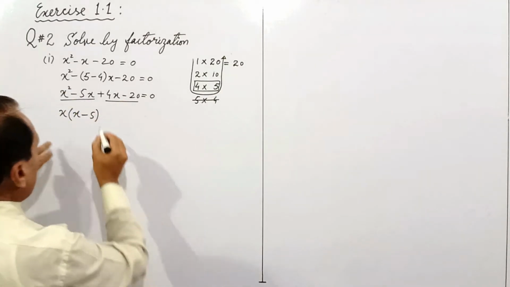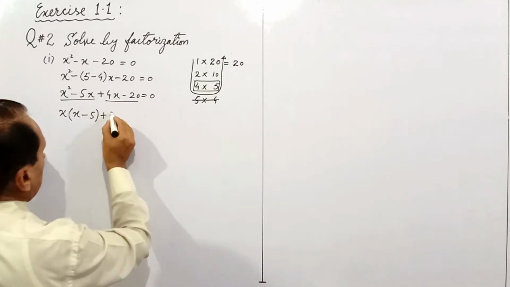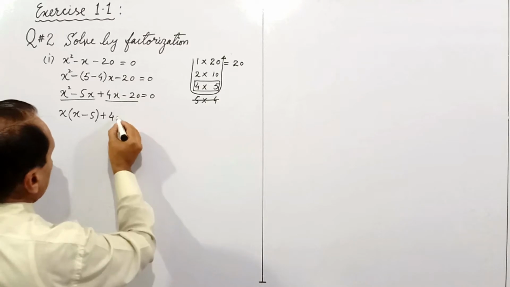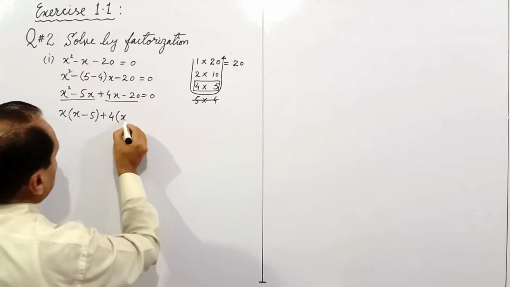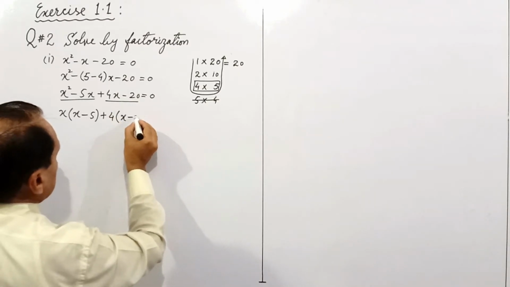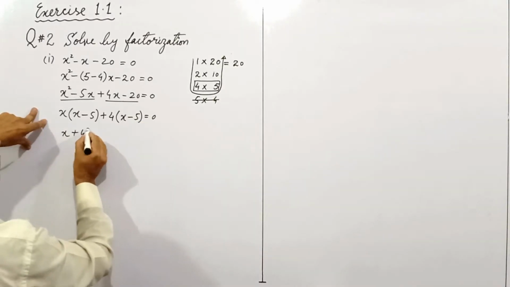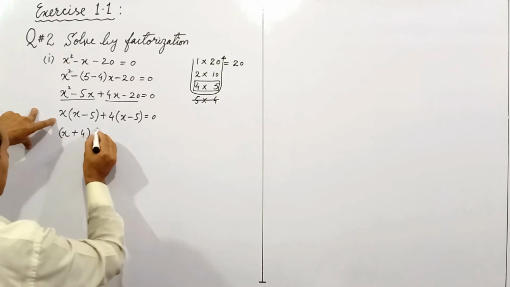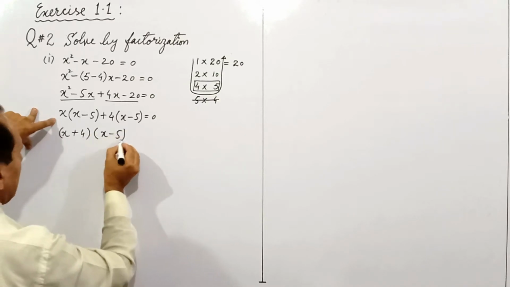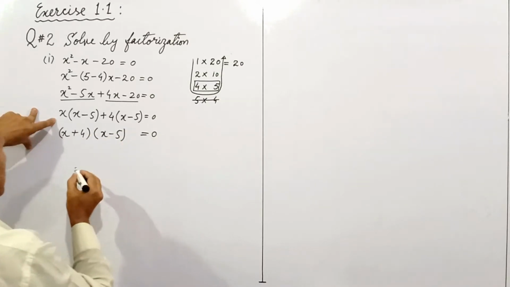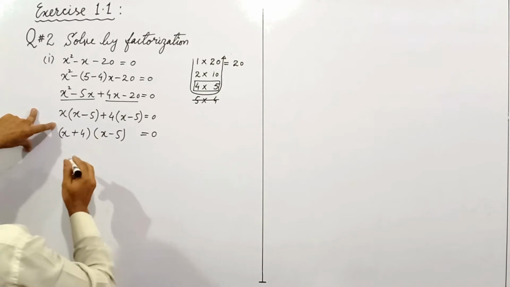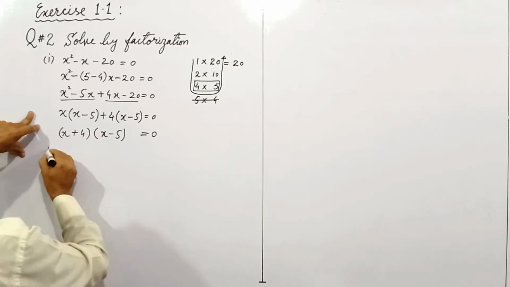In the second pair, we take 4 as common, and the first term remainder is x, and the second term is minus 5. We write x plus 4 as the first factor and x minus 5 as the second factor of the product, according to the right property of taking common.